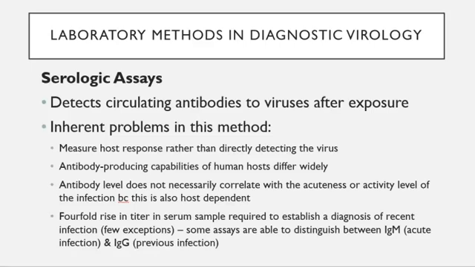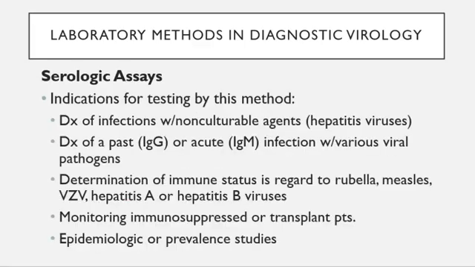With a few exceptions, some assays are able to distinguish between IgM, the acute infection, and IgG, a previous infection. For serologic assays, the indications for testing by this method: you can do diagnosis of infections with non-culturable agents such as hepatitis viruses.